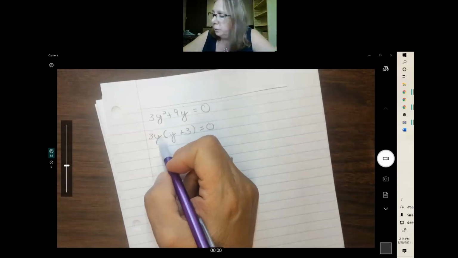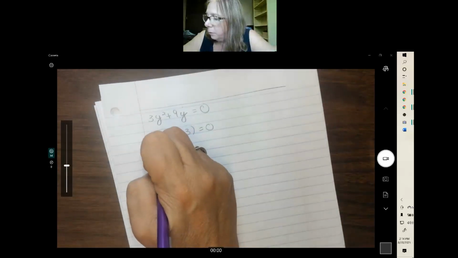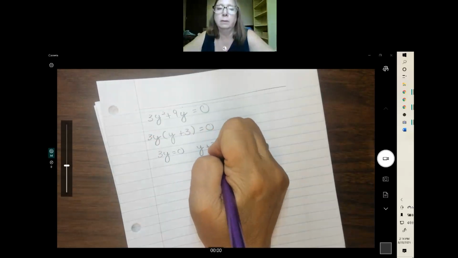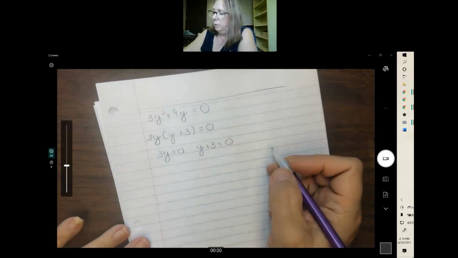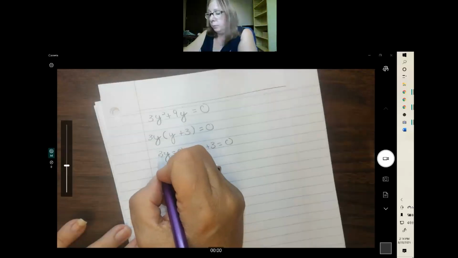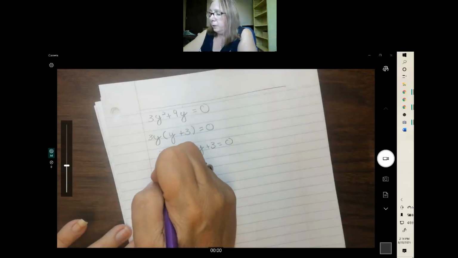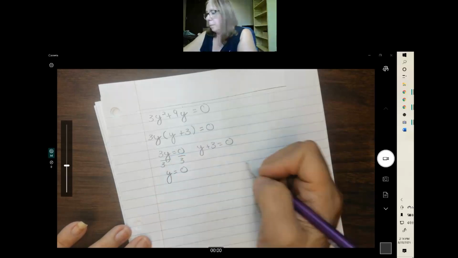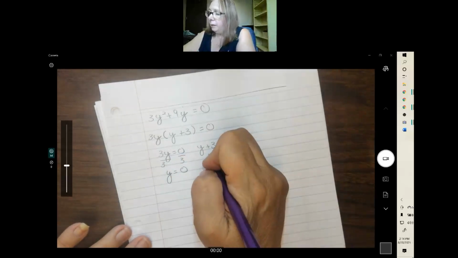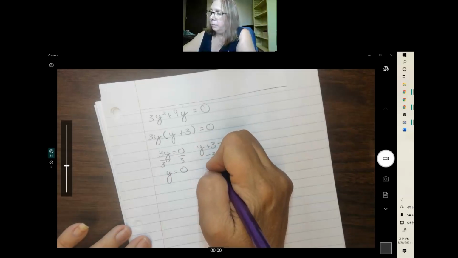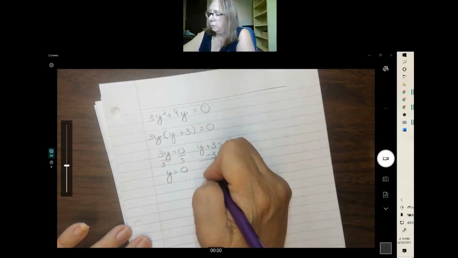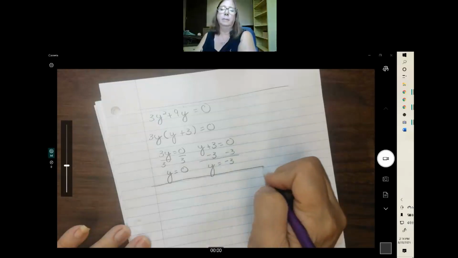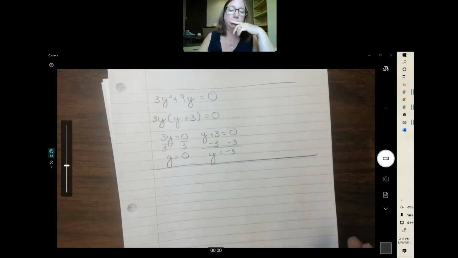Since these are multiplied, you still can set each of them equal to 0 and solve. First one, this is multiplied by the 3, so we divide by it to get rid of it and get 0. This one, we're adding 3, so we do the opposite, subtract it. Any questions on that?